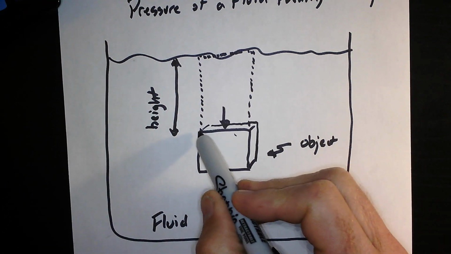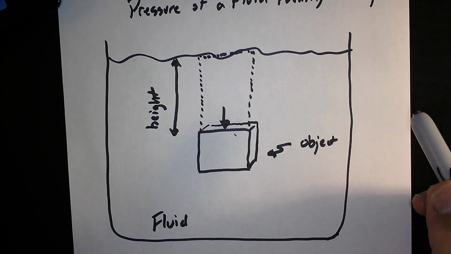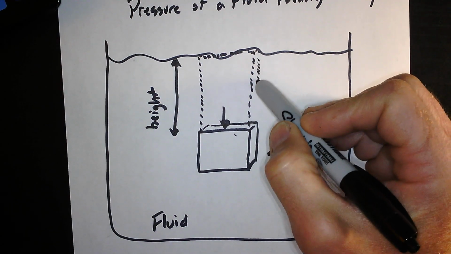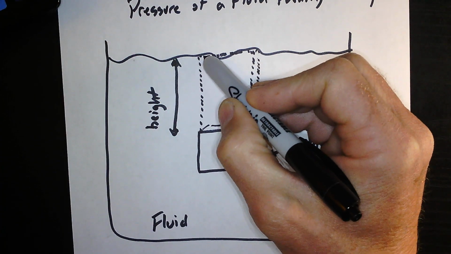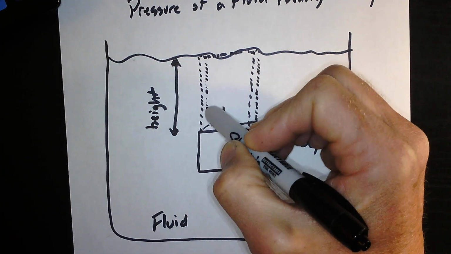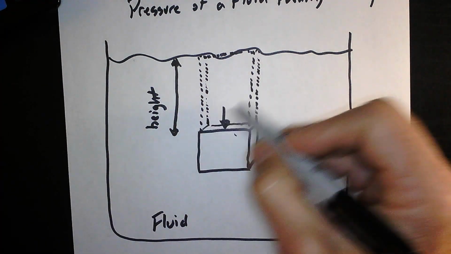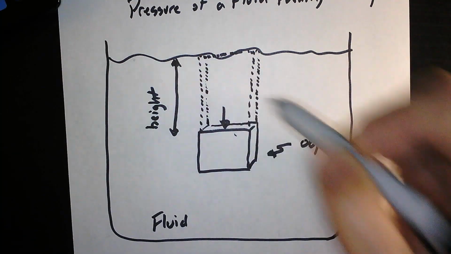We also would have a width and a length. So we have 3 dimensions of this column of water. Well, it's not a column, it's a rectangle the way I've drawn it. So something back here. So hopefully you can see the 3 dimensions of that, I've called it a column, but a rectangle of water that's pushing on this object.